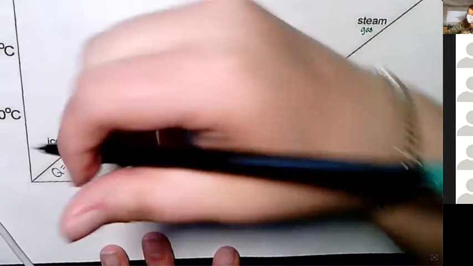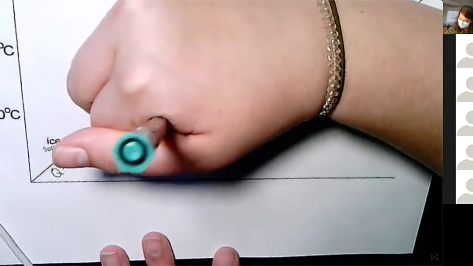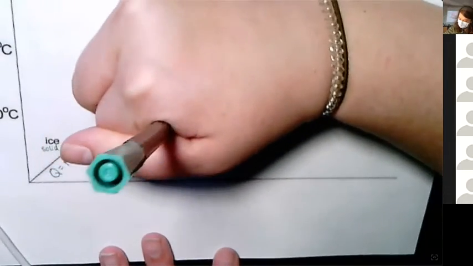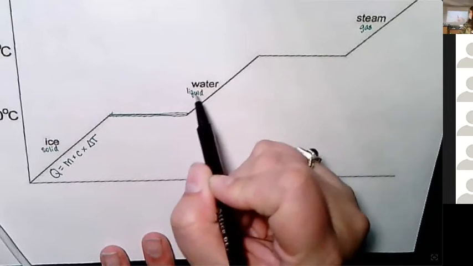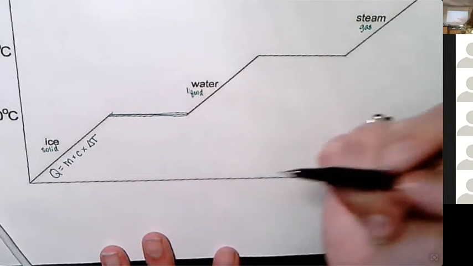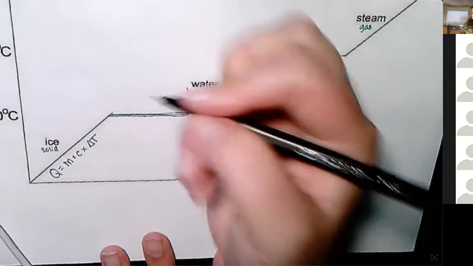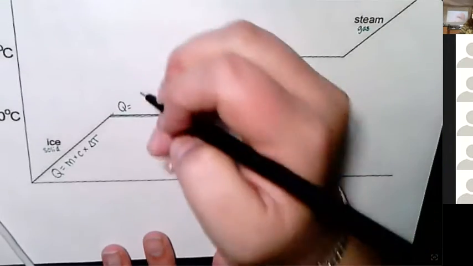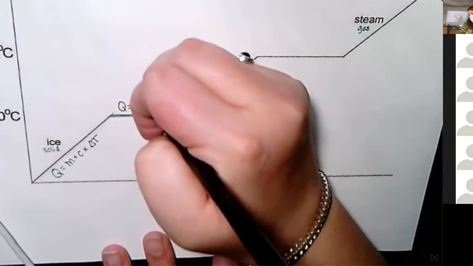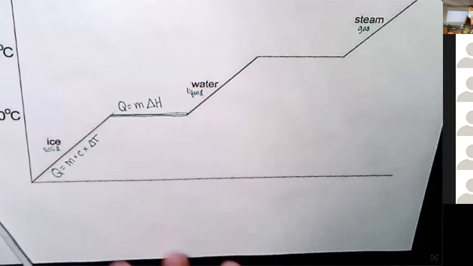Now, this line right here is where the phase change is actually happening, going from ice to water, from a solid to a liquid. So we've got a different formula that belongs here: Q equals M times delta H. We have not actually talked about delta H yet, but we are going to talk about it today.